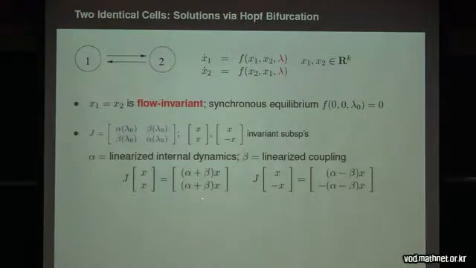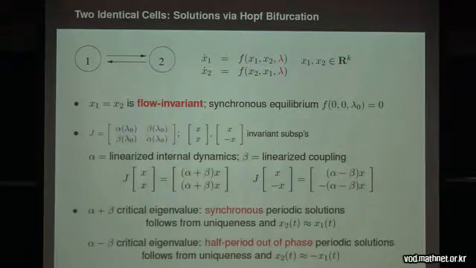So if you have critical eigenvalues for J, they are either critical eigenvalues of alpha plus beta or critical eigenvalues of alpha minus beta. If you have the critical eigenvalues for alpha plus beta, you'll get these synchronous solutions. If it's critical eigenvalues of alpha minus beta, you get the half-period out-of-phase oscillations. So these things are not so hard to find.